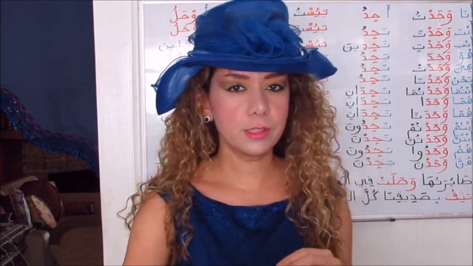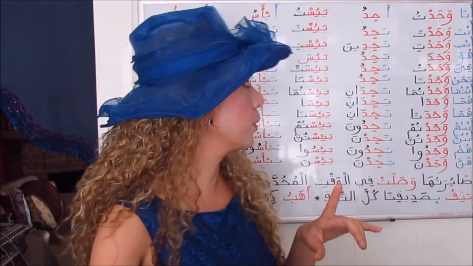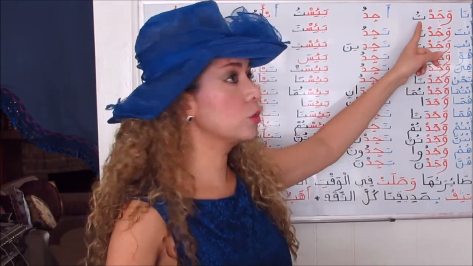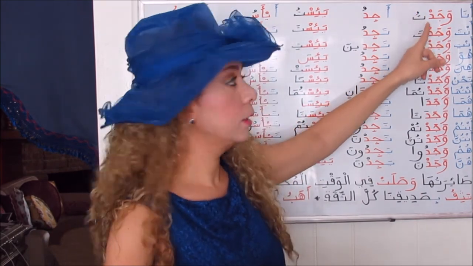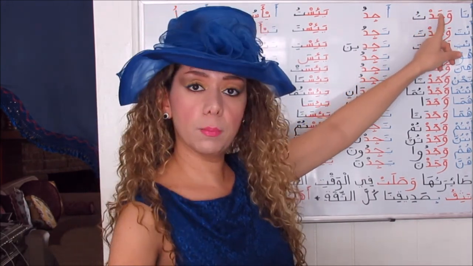When a suffix begins with a consonant, ta, a sukun precedes, as you remember. So we have wajadtu, this is the suffix. The tu is a consonant, followed by a dhamma. So it is preceded by a sukun.